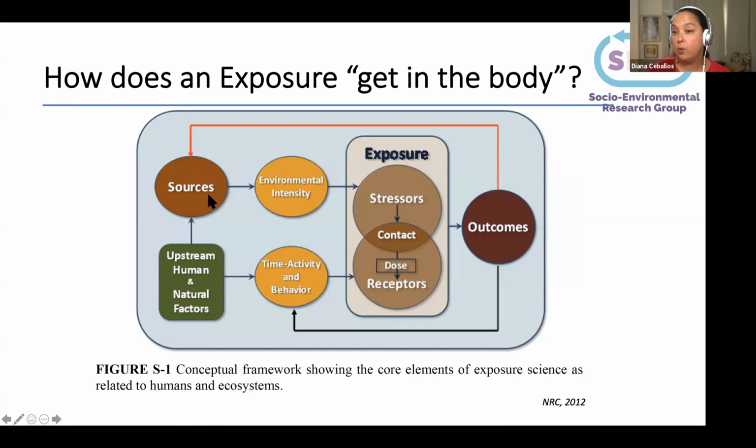So first we have a source of an exposure, but depending on who we are and our unique characteristics, as well as how often we are in contact with this source and our typical time, activity, and behavior patterns, will determine how much exposed we are and how much it actually goes in our bodies. And then depending on how much we are exposed to and how much gets to the body, the outcomes and the health effects will follow.